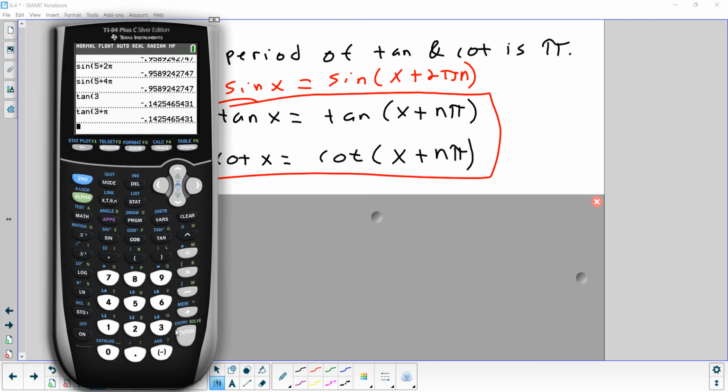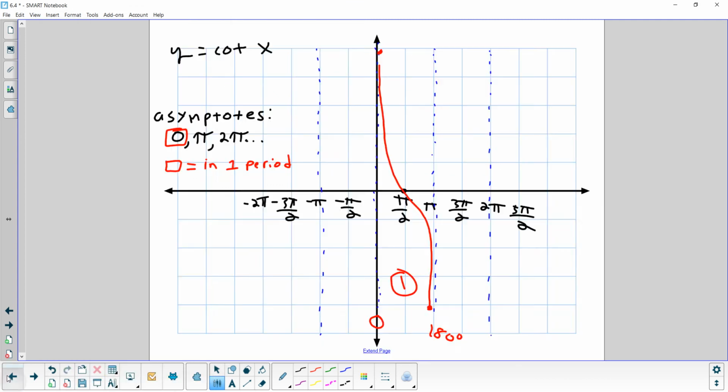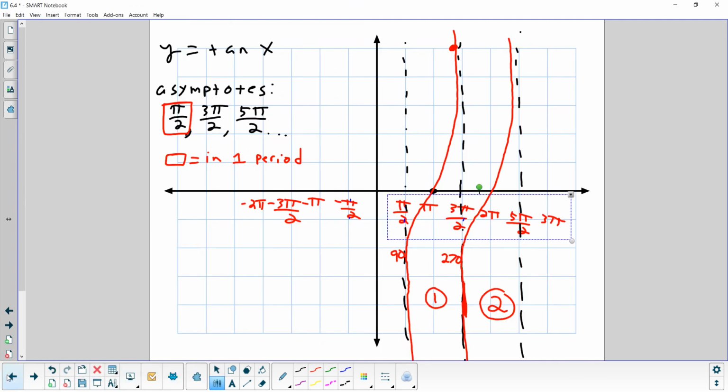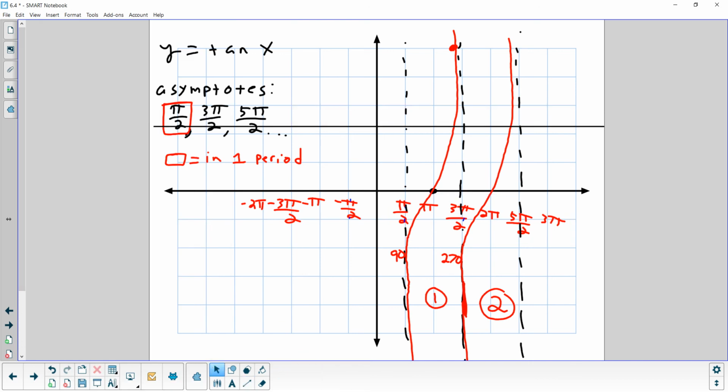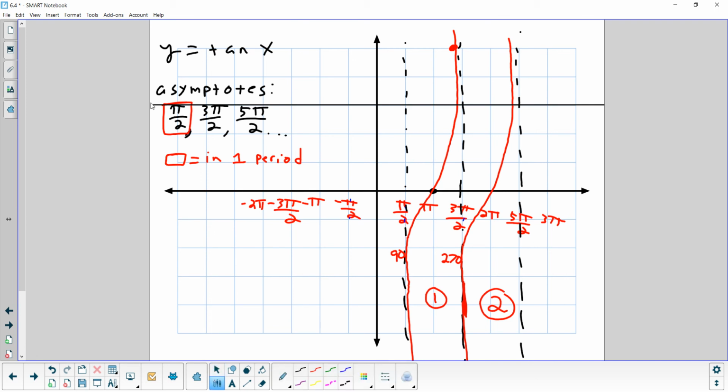It doesn't make sense kind of looking at it with the calculator. Think of it like this. I typed in, what did I do? Tangent of 3. Well, the tangent of 3, if you were going to solve it like we did in the last section, it's right there.